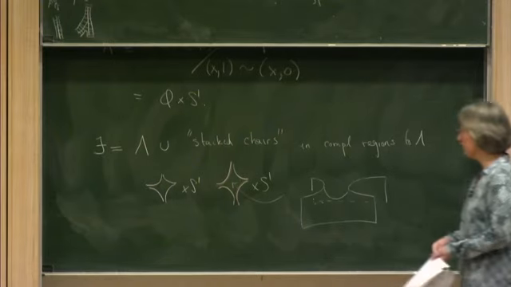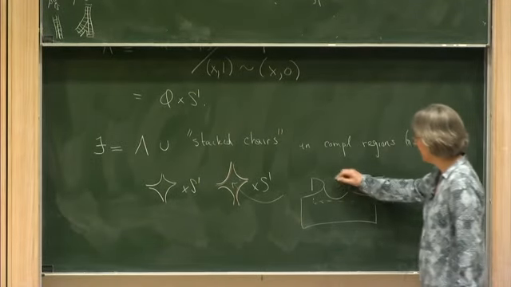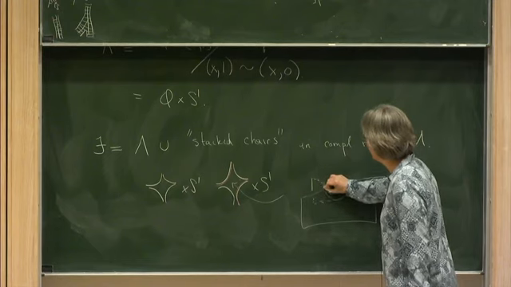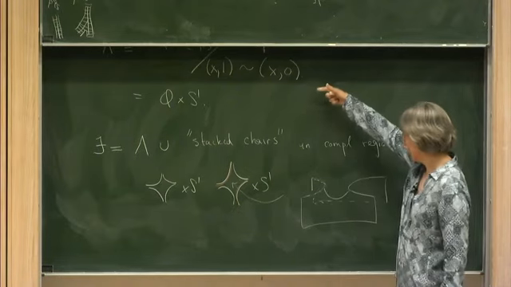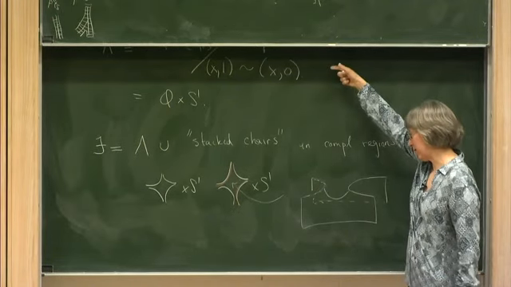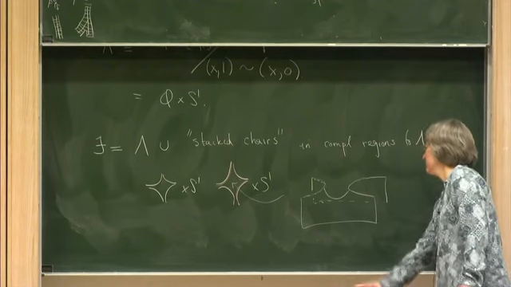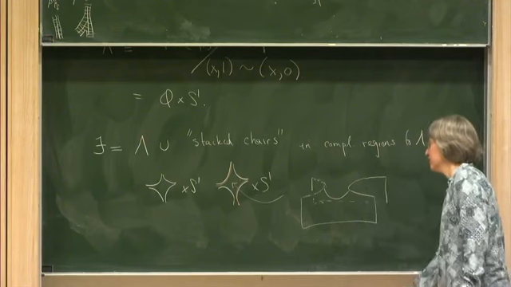So this shouldn't be thought of as being the end of my saddle. This is extending up to infinity. This piece is going down to infinity. The piece behind is going down to infinity.